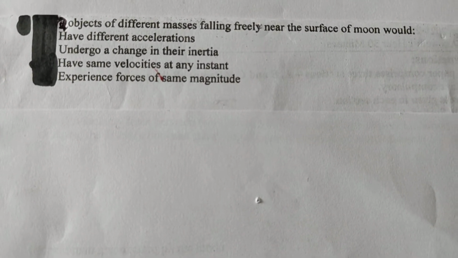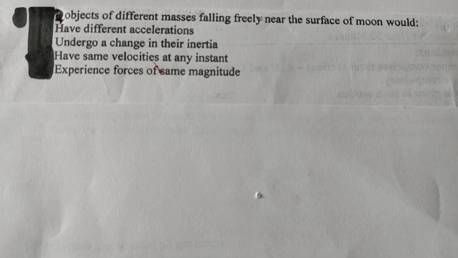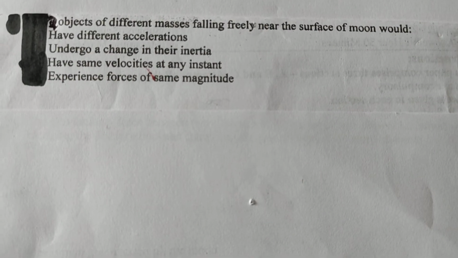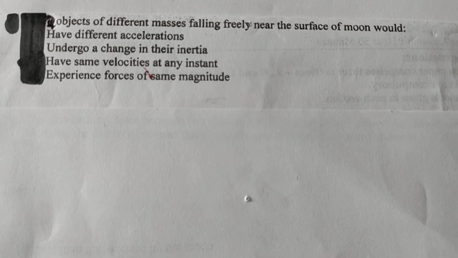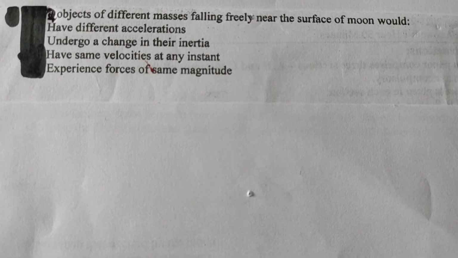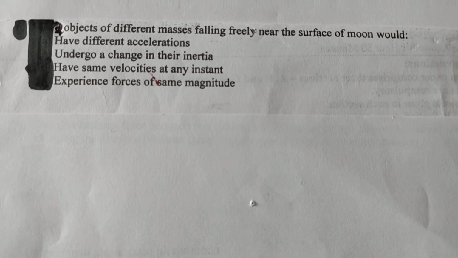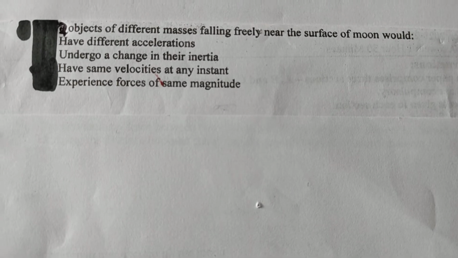Have same velocities at any instant, and the last option is experience forces of same magnitude. Let us look at the fourth option first. They will experience force of gravity due to the moon, so that will be the weight of a body on the moon.